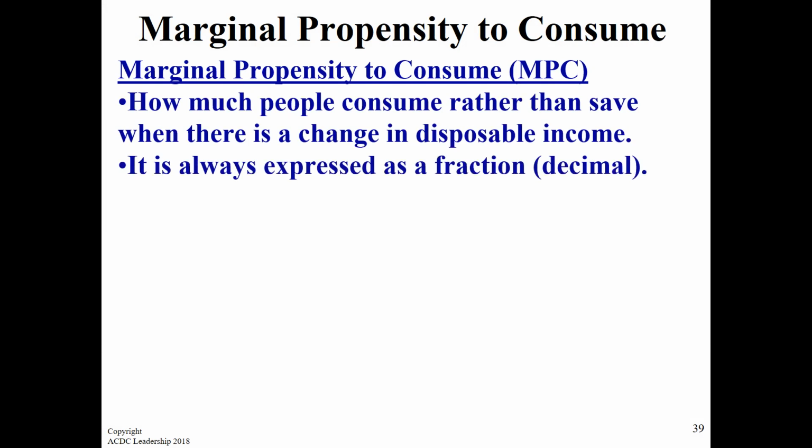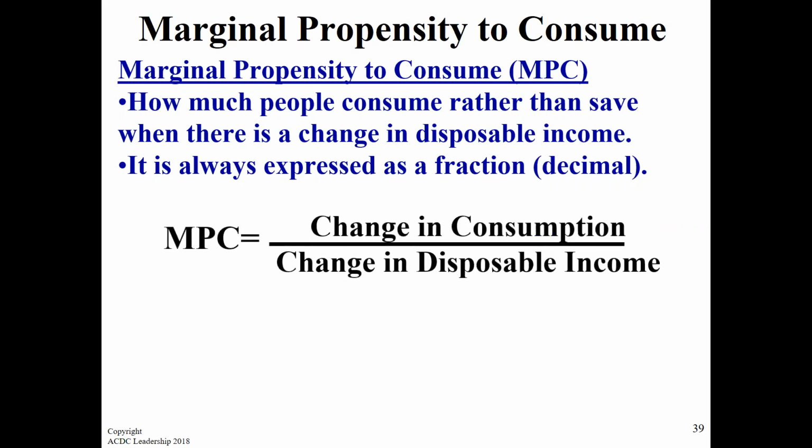So if I gave AB 100 and he spends 80, the marginal propensity to consume is 0.8, 80 over 100, which is 0.8. Now, if you're not good with fractions, it's not going to matter because you're going to have a calculator, right? So the marginal propensity to consume is change in consumption over change in disposable income.